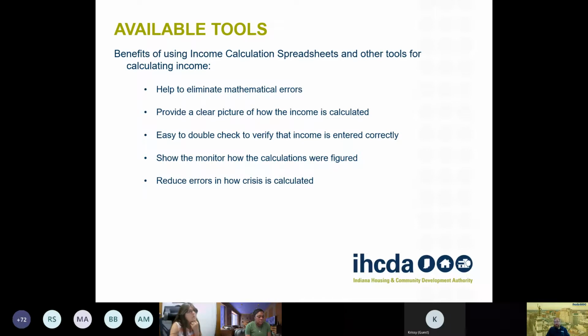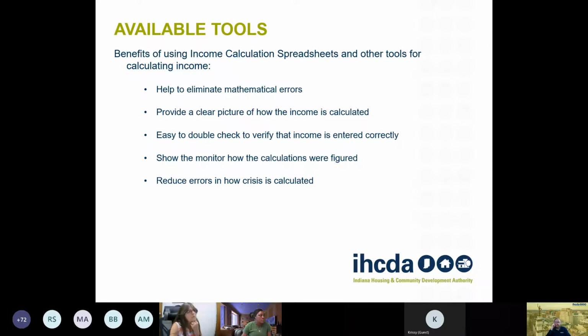The benefits of using income calculation spreadsheets and these other tools for calculating income include that they help to eliminate mathematical errors. I'm not going to say that they completely remove the possibility of human error, because you're still keying in numbers, and obviously there's every possibility of missing a number or typing the numbers in the wrong order.